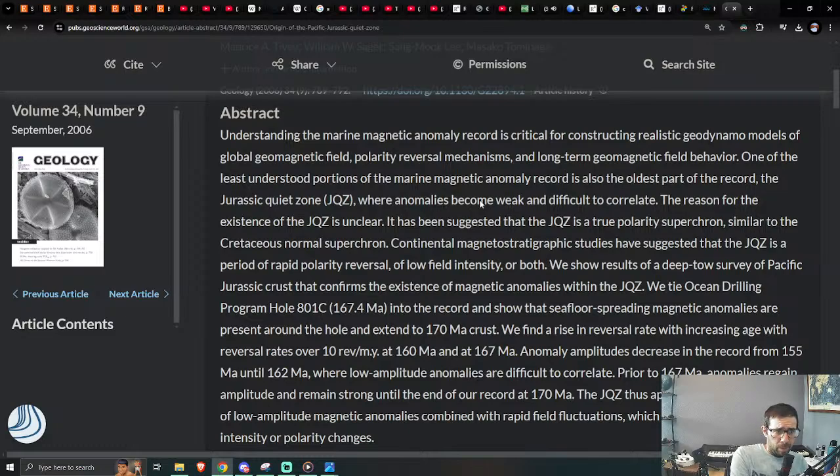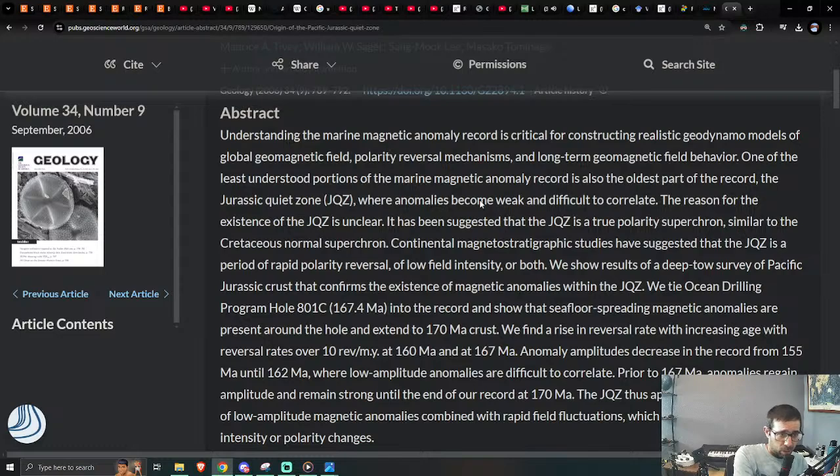Understanding the marine magnetic anomaly record is critical for constructing realistic geodynamo models of the global geomagnetic field, polarity reversal mechanisms, and long-term geomagnetic field behavior.